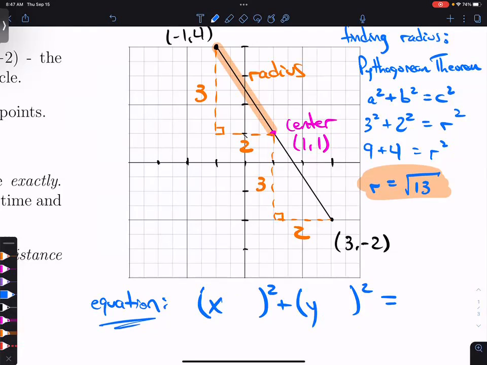And then here, this would be y, also minus 1. Again, (1, 1) zeroes both of those out. And then the right-hand side is the radius squared. Square root of 13 squared is 13. Again, you can think about that just like the Pythagorean theorem, a squared, b squared, those are the vertical and horizontal legs. And then on the other side, the hypotenuse, that's the radius.